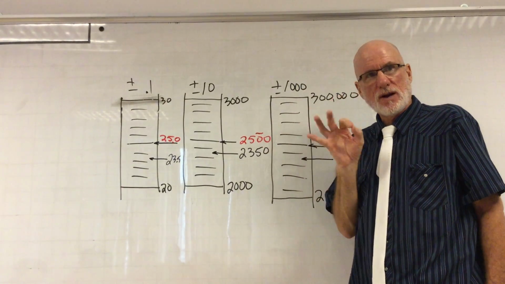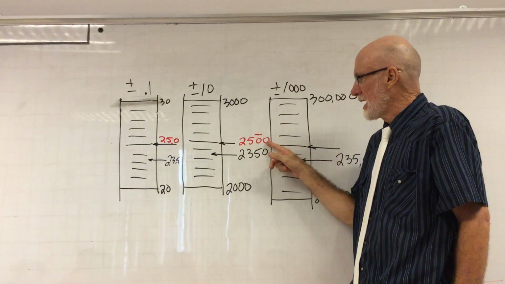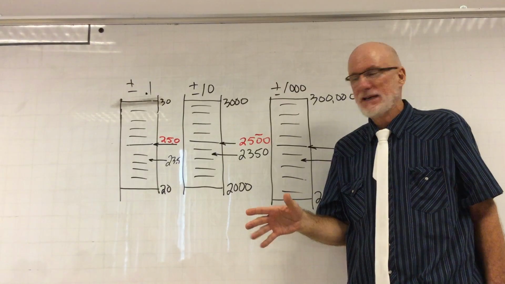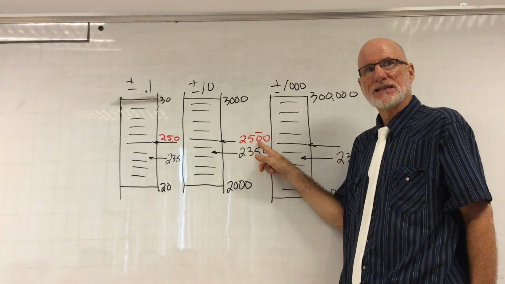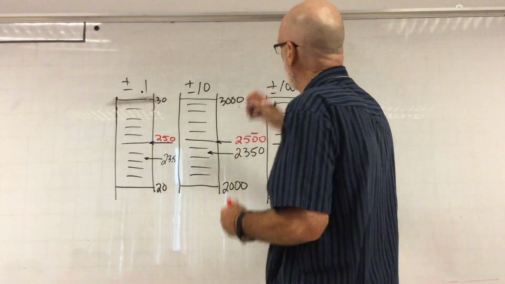If there's a 0 digit that's not read from the scale, it's not significant. If it is read from the scale, that 0 is a significant digit.